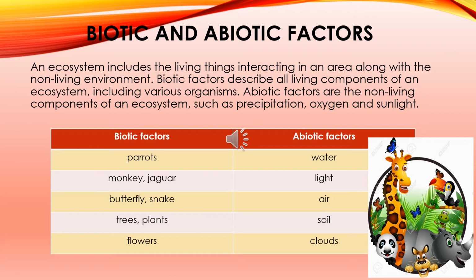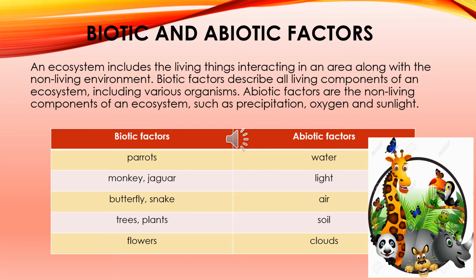Biotic factors: you have a parrot, monkey, jaguar, butterfly, a snake, trees, plants, and flowers. It means that all these things mentioned here under biotic factors are living things, animals and plants.